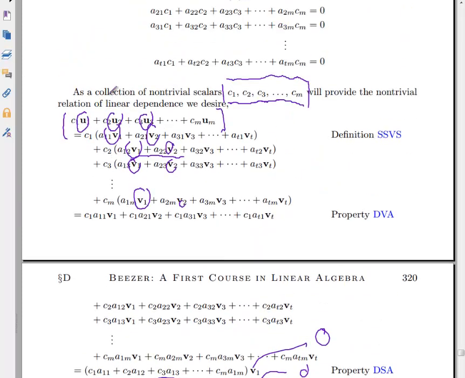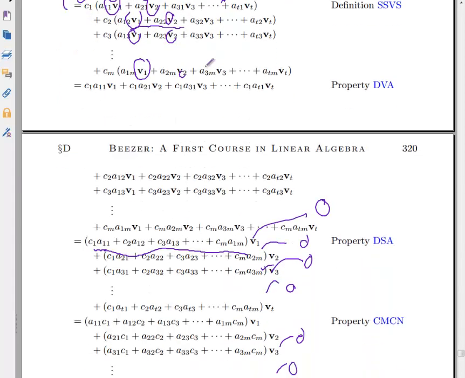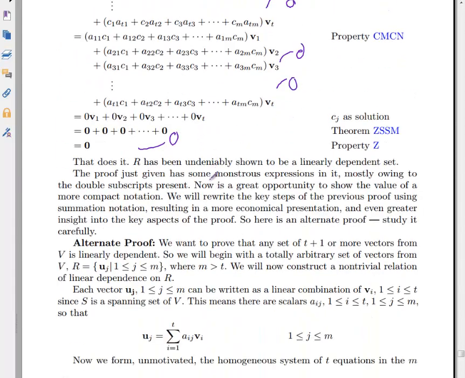We have a linear dependence relation for the vectors u. Not all the c's can be 0 because we know we have a non-trivial solution to this homogeneous system. So we've shown that if we have a spanning set with t vectors, then any set with more than t vectors will be linearly dependent.